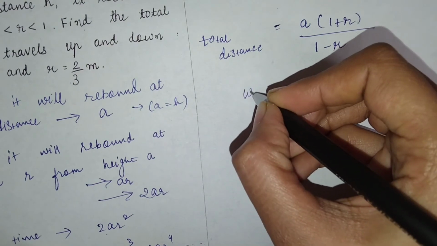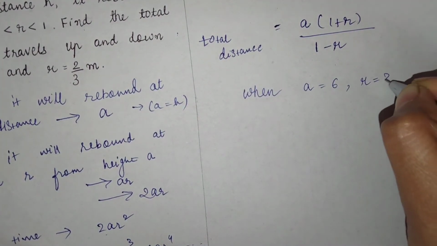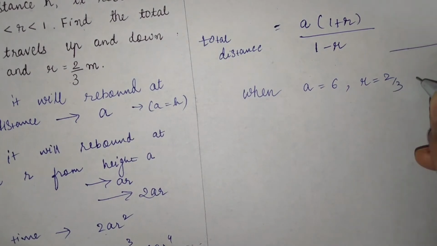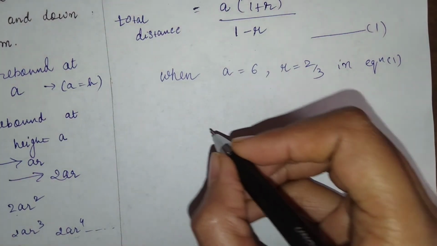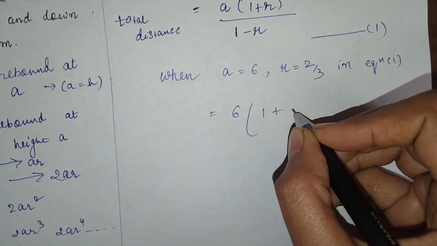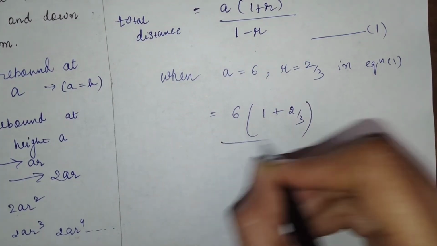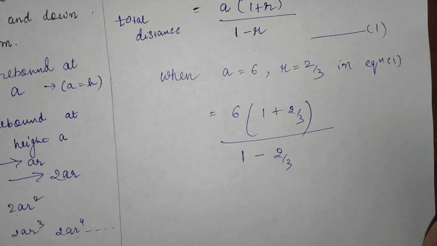So if we put a equal to 6 and r equal to 2 by 3 in equation 1, then we will get 6 into 1 plus 2 by 3 divided by 1 minus 2 by 3.